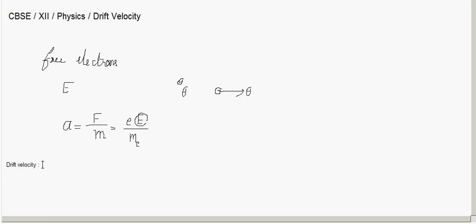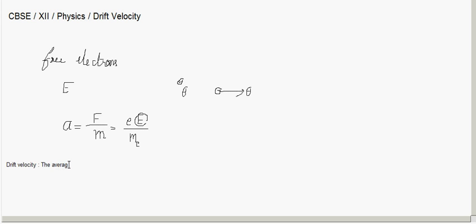But this acceleration is momentary, because the electrons collide with vibrating atoms or ions or other free electrons. So they lose this gained velocity, but the average velocity which the electrons can gain in the presence of an electric field is known as drift velocity.